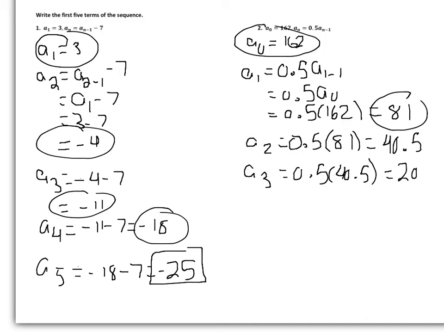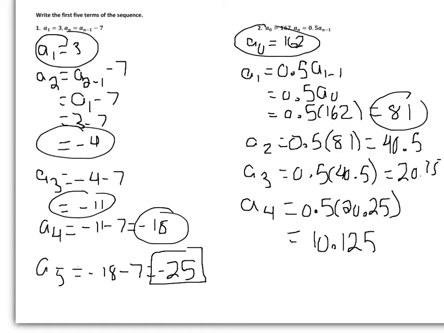So you get 20.25. The fifth term, half of that. So recursive are based on previous terms, okay?